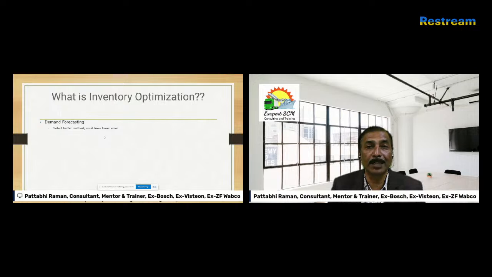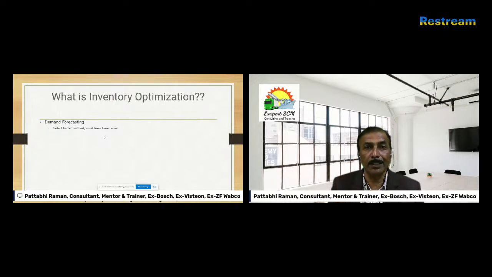But many times we do not provide that cushion in our planning, and management also doesn't understand. Safety stock is provided for some other function, not for forecast error. So if we are not trying to control the forecast error, it is going to create a big problem. When we say optimization of inventory, it starts with demand forecasting optimization.